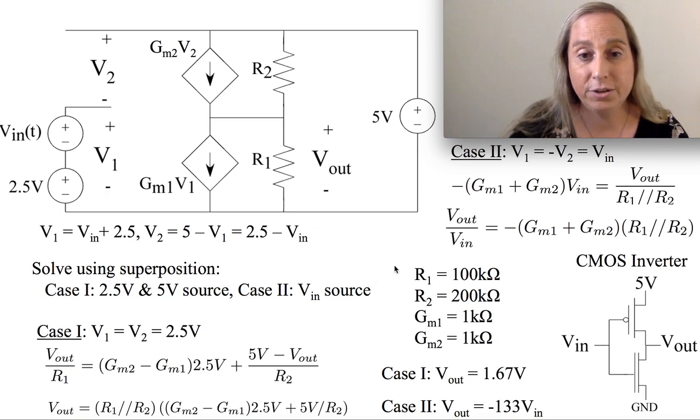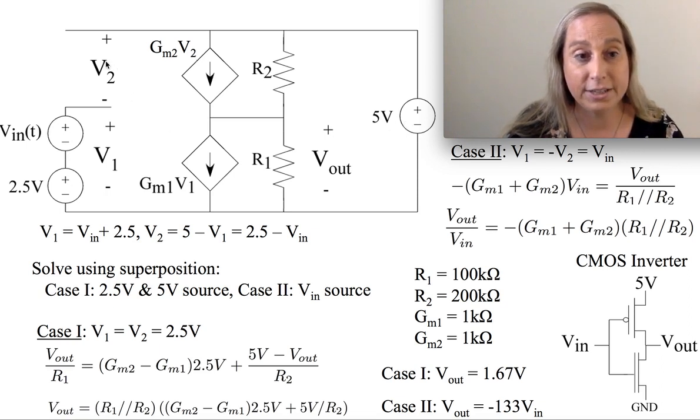Well, then case 2 is where I'm going to be talking about V in and turning off the 2.5 and the 5 volt source. These are going to both just be shorted. In that case, V1 is the negative of V2, which is then V in. So these two current sources have a very similar structure, but with a minus sign difference.